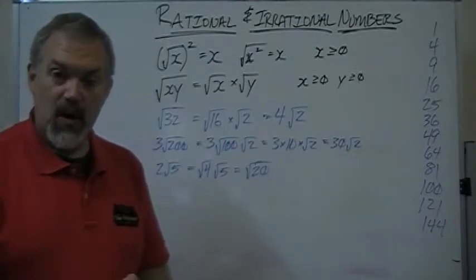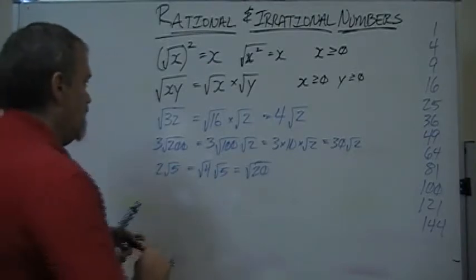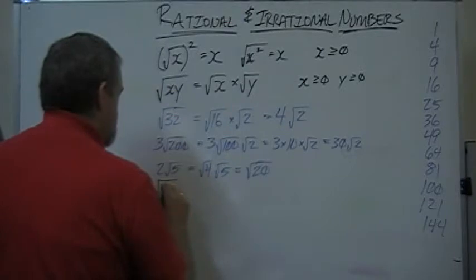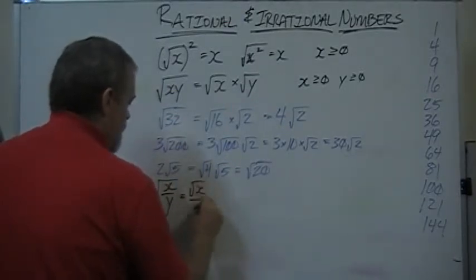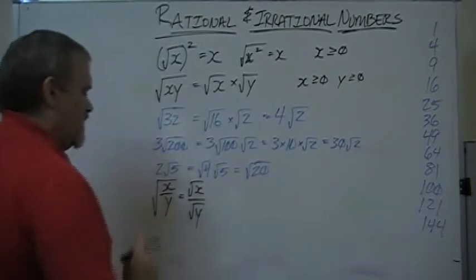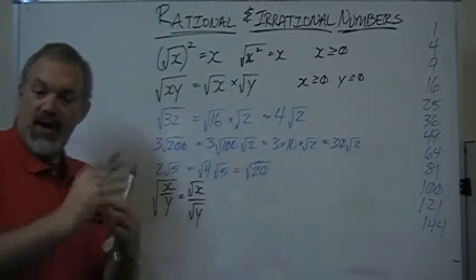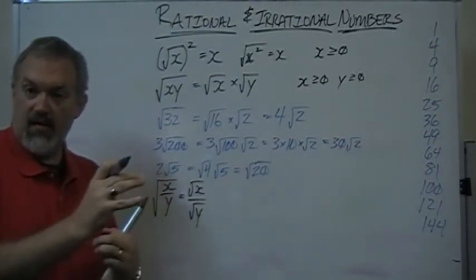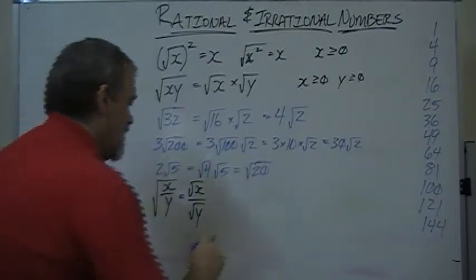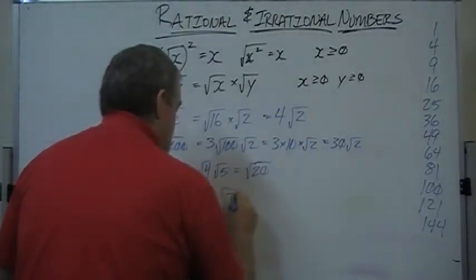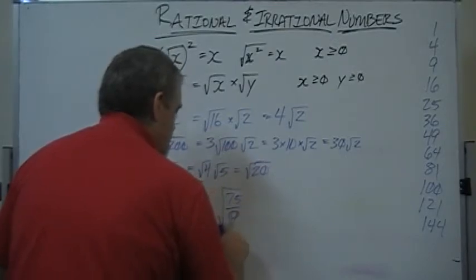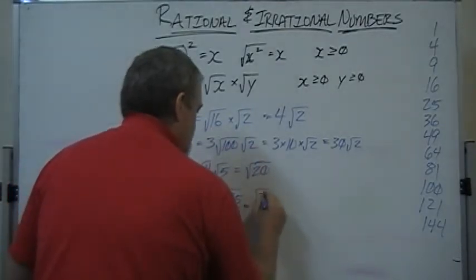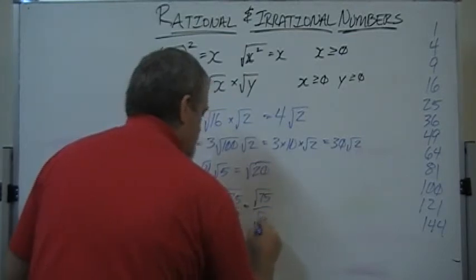The last rule we want to talk about very quickly is this one, which should make some sense to you, I hope. In other words, if we have a fraction, we can separate it and put the surds on the top and the bottom. Let's do a quick example of that. The square root of 75 over 9 is equal to the square root of 75 over the square root of 9.